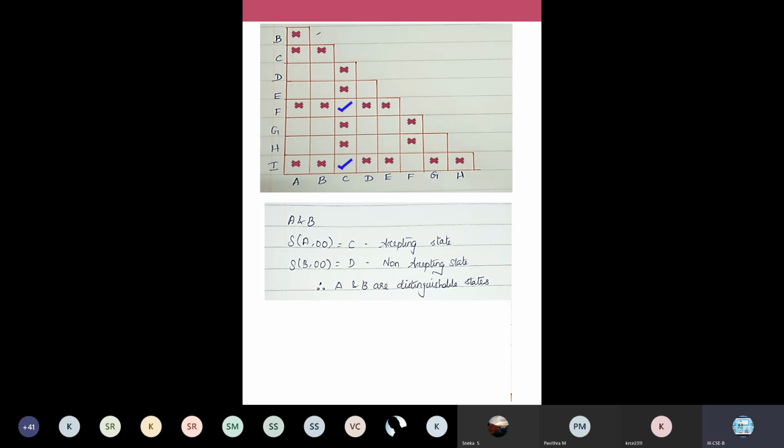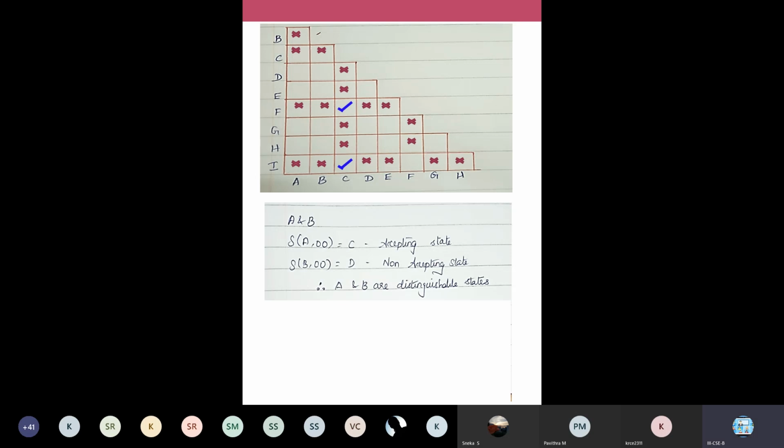To choose a string, I will have my target state as an accepting state. On state A, on giving 0, 0, I can go to an accepting state. Try to apply the same string 0, 0 on B. What are you getting? You're getting D, which is non-accepting.